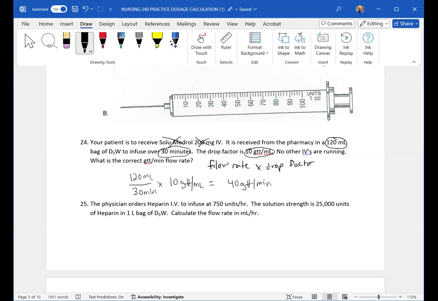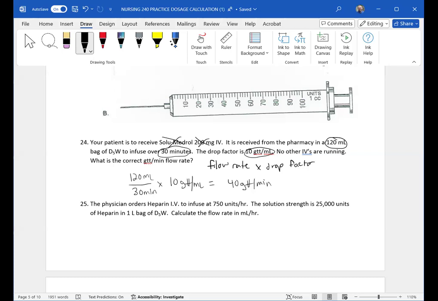And in case nothing is mentioned in the question, it's mentioned on this one, like what is the correct flow rate. But if it doesn't mention, do we have to do it by hour? At the Allegheny campus, it's always going to tell you to calculate the drops per minute or the milliliters per hour. So you'll always know that.